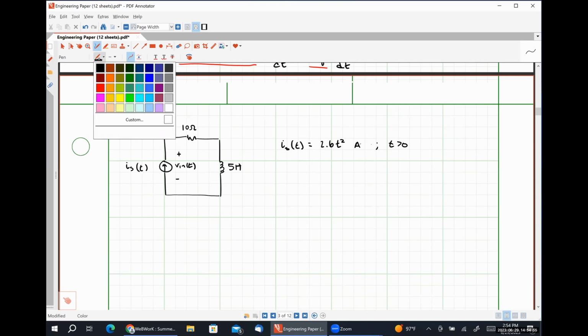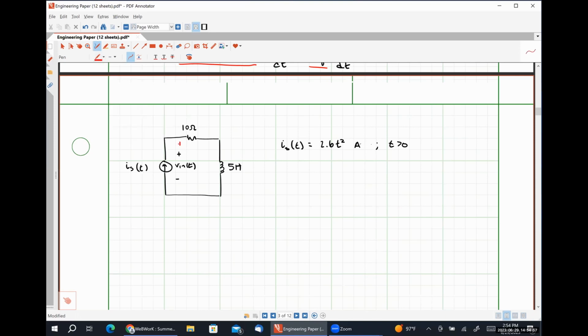So what I'm going to do is call this voltage VR of t, and this voltage VL of t. And if I apply Kirchhoff's voltage law to this system, what I'll find is that Vn is simply VR plus VL.